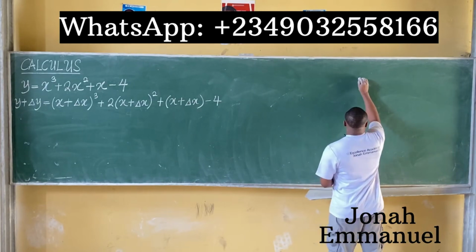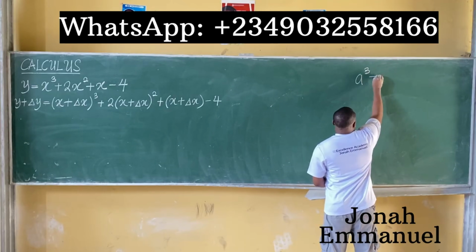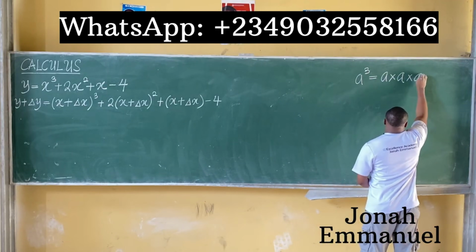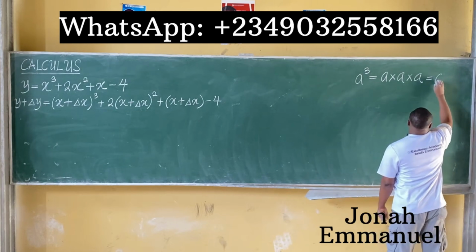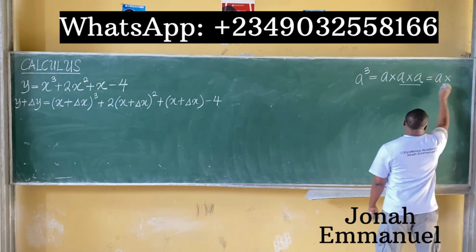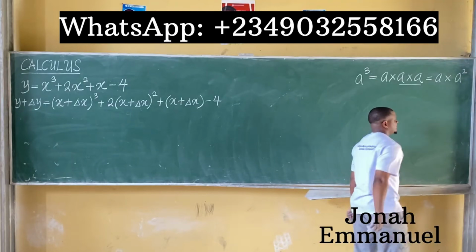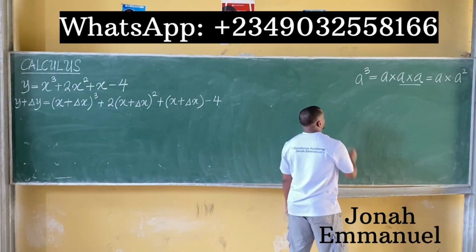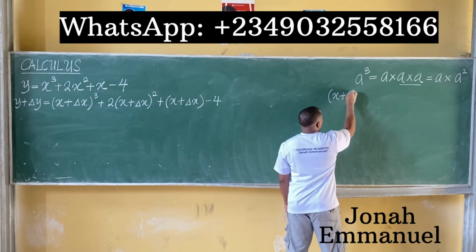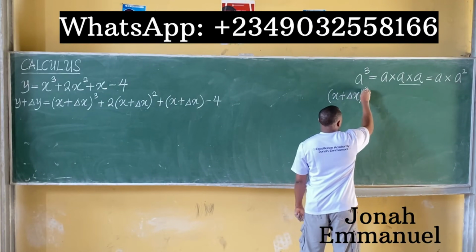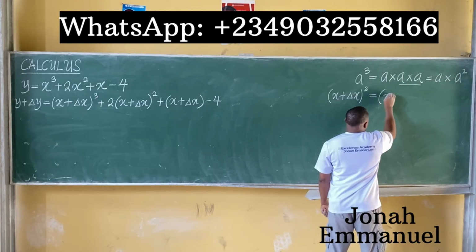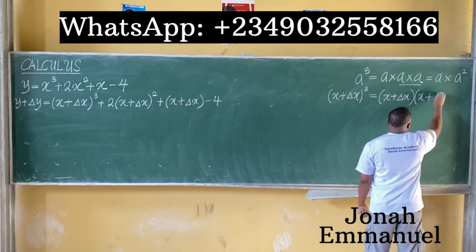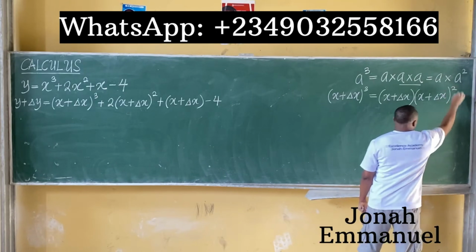Please watch this. A cube is something as A times A times A, which is something as what there? A times A gives you A squared. So please follow me. In essence, I'm saying x plus change in x all cube is the same as x plus change in x multiplying x plus change in x all squared.